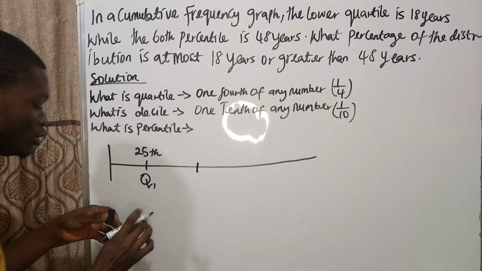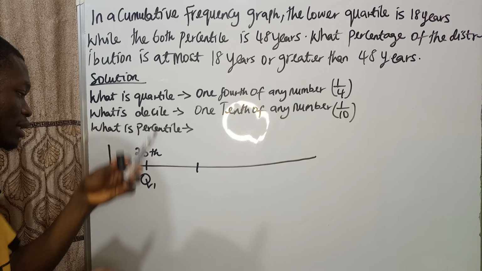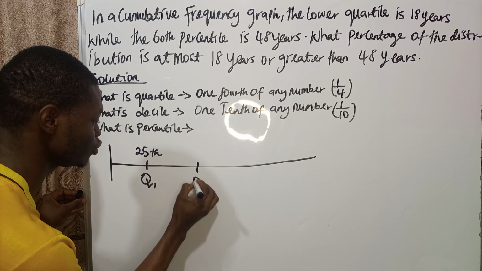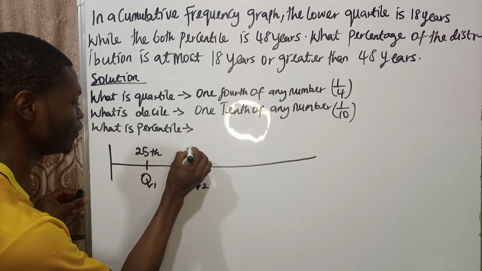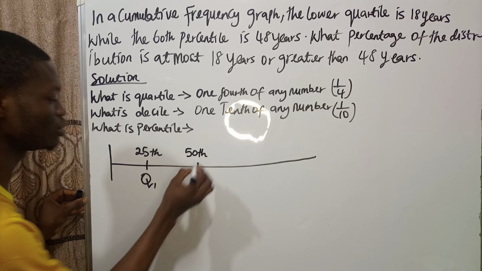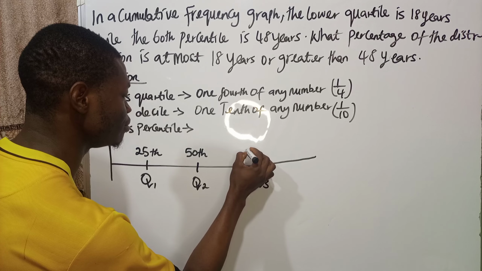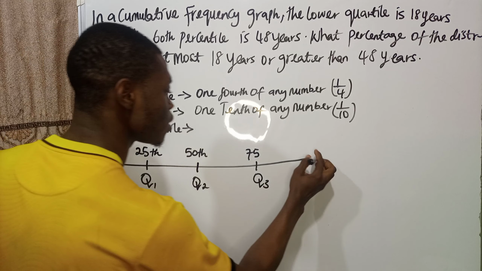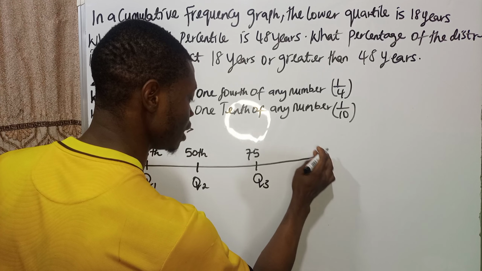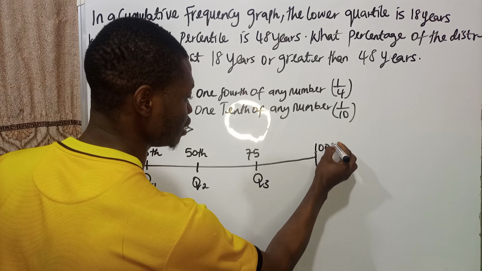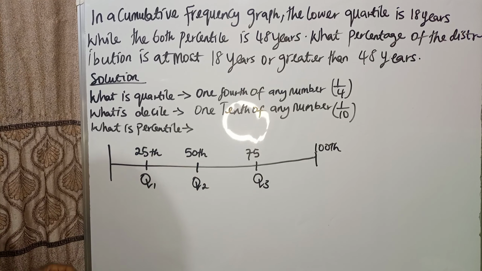That's how we keep adding 25 to it. So Q2 will be 50, because 25 plus 25 is 50. Q3 will be 75, and our last Q will be 100.